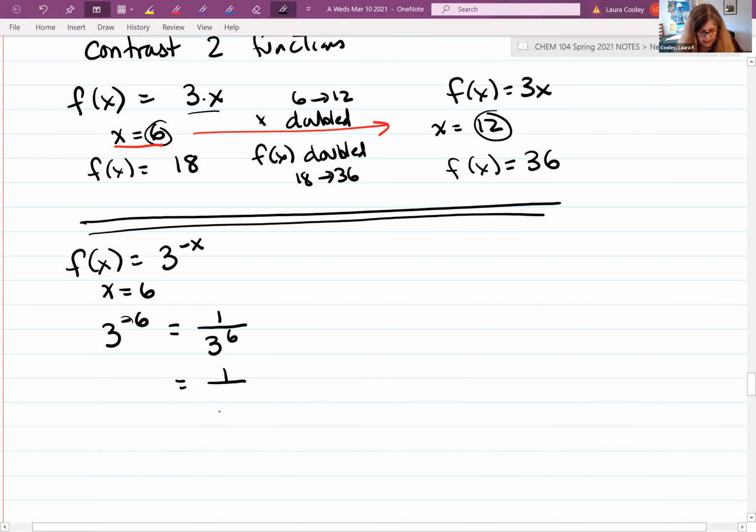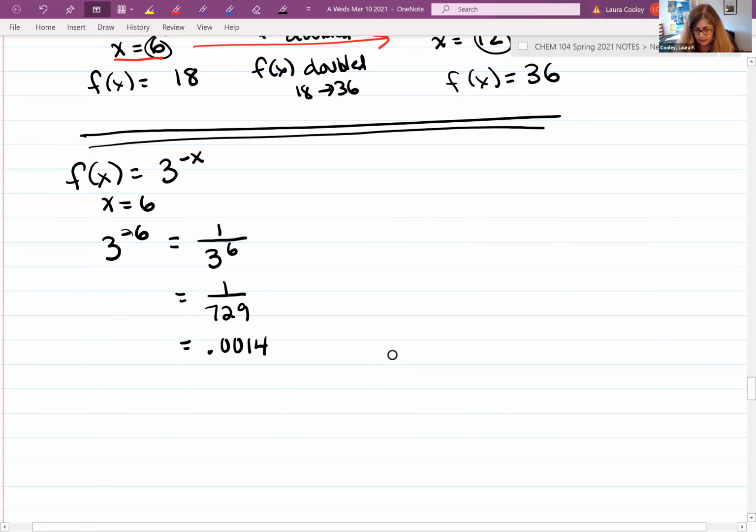No, it's not. 3 to the 6 is not 18. Oh, God. I'm steering you all wrong. Sorry. 3 to the 6 is 729. So this actually comes out to 0.0014.